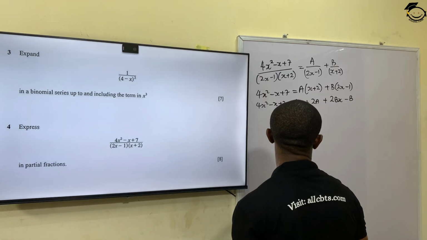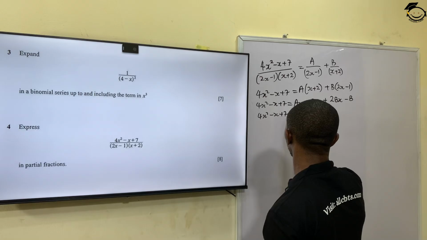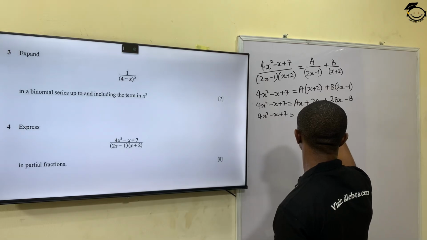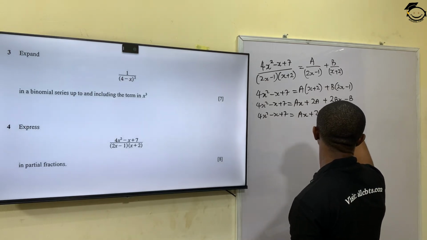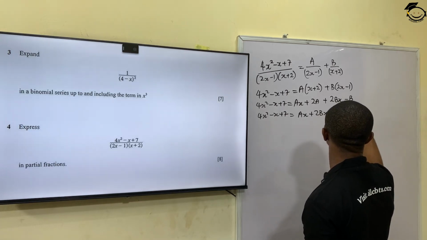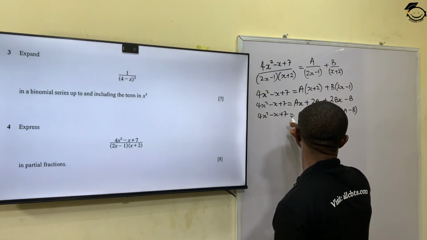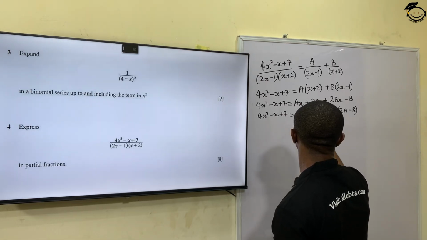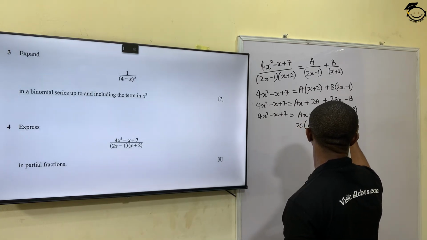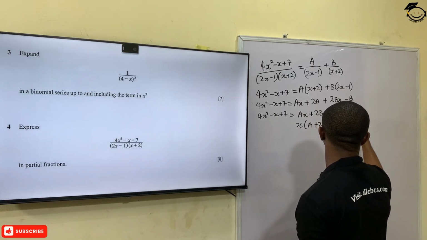Now, collecting our terms together, we are having it as 4x squared minus x plus 7 equals, collecting these two terms together, ax plus 2bx plus 2a minus b. Okay, so from here, x is common here, a plus 2b, and 1 is common here, this becomes 2a minus b.